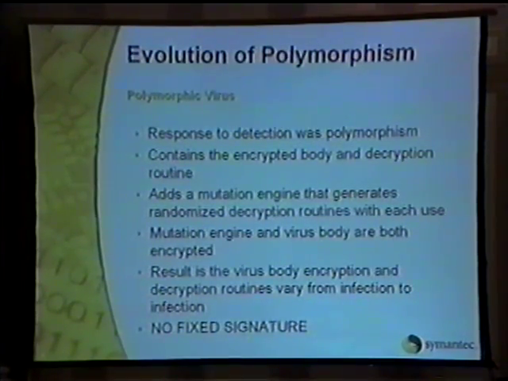The response to encrypted viruses was basically the polymorphic virus. Here, when a virus is executed, it will be decrypted to its original form so it can deliver its payload, but it contains a third iteration that is basically a mutation engine, which generates randomized decryption routines with each individual use.